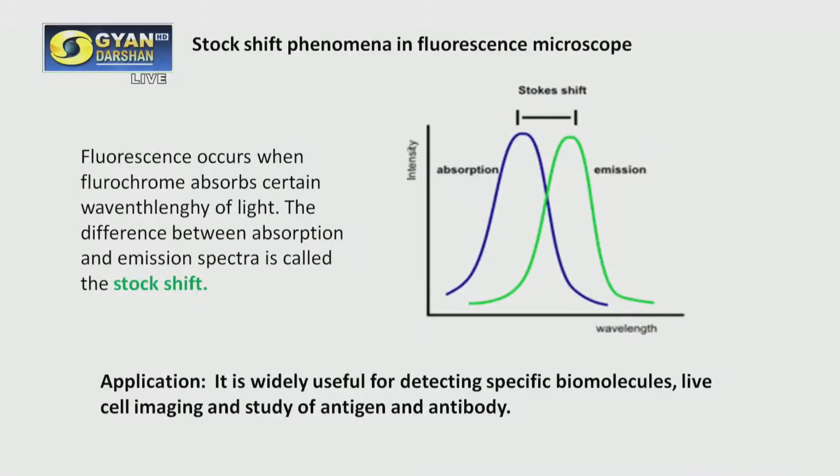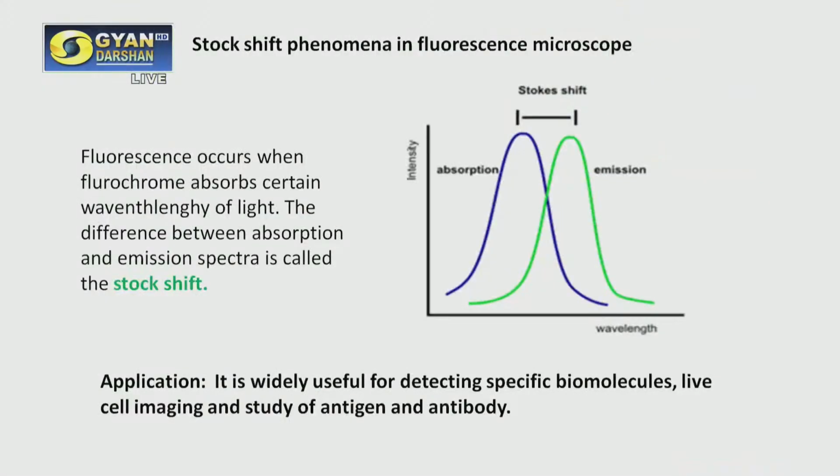This difference between the absorption spectrum and the emission spectrum is called the Stokes shift. The emission of the higher wavelength of light is captured by the fluorescence microscope that visualizes the fluorescent labeled specimen. Basically it is used for detecting specific molecules, live cell imaging, and study of antigen antibody interactions.